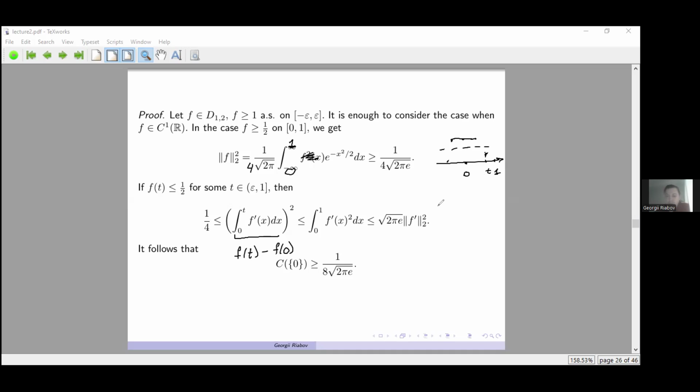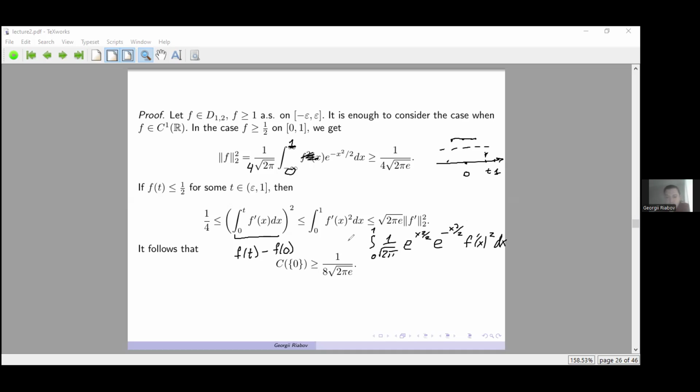Okay, and let's divide by root of 2 pi, multiply by x squared, multiply by exponent x squared over 2, divide by exponent f prime x squared dx.